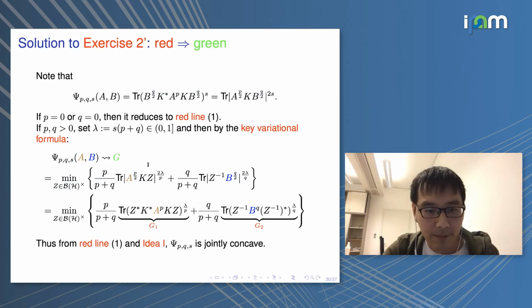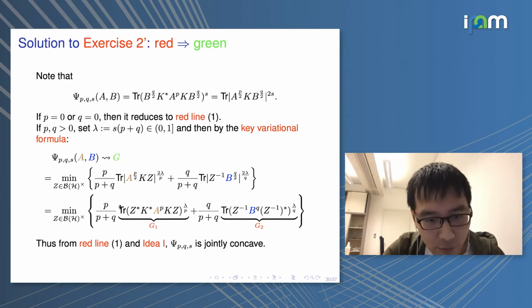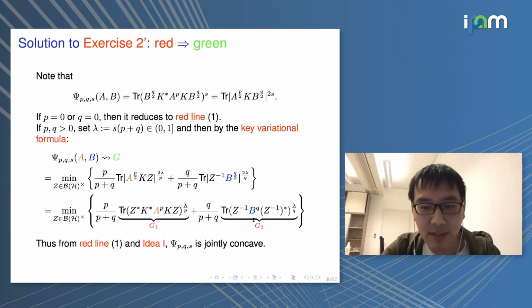Namely, you can identify this psi PQS as a green point G, and then the trace functional inside the brace, this we denote by G1. This you can understand as the red point G2. They are both concave due to the result on the red line. And then from our first idea that the concavity is preserved under taking minimum, we know that this function G is jointly concave. And this finished the proof of the green region.